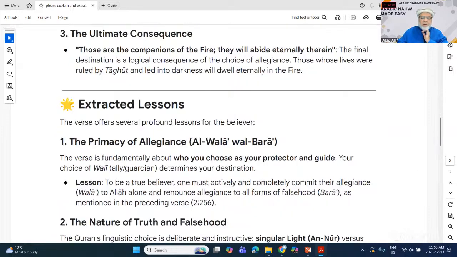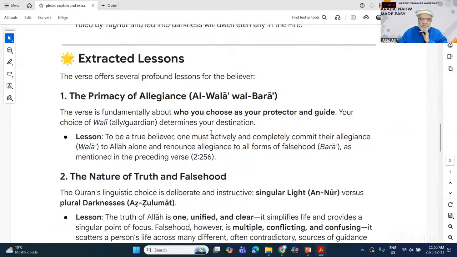So what are some of the lessons we get out of this verse? The first one is the primacy of allegiance, al-wala wal-bara. This verse is fundamentally about who you choose as your protector and guide. Your choice of wali determines your destination.